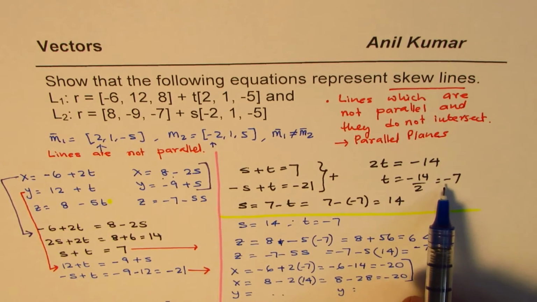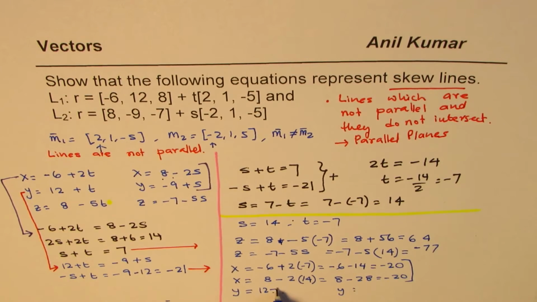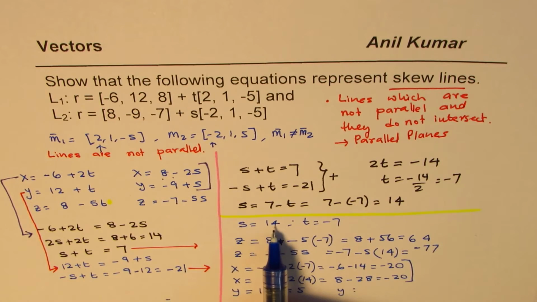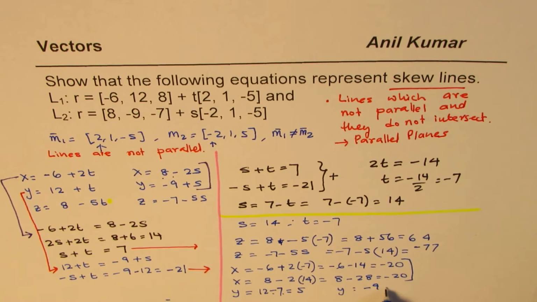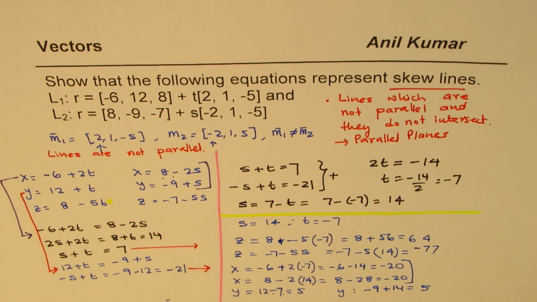If I substitute minus 7 here, we get y is 12 minus 7 for t, which gives us the value of 5. And if you write 14 in this equation, then you get minus 9 plus 14, which is also equal to 5. So you can see x and y values match, but not the z value.